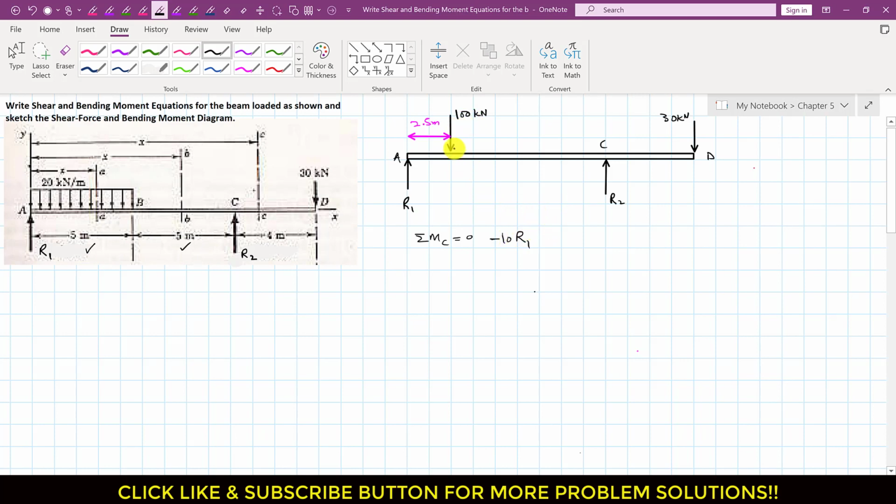Similarly, the 100 kilonewton force is producing a counterclockwise moment about point C, so I will write plus 100, and its perpendicular distance from point C is 10 minus 2.5, so we can say that this is 7.5 meters. Similarly, the 30 kilonewton force is producing a clockwise moment about point C, so I will write minus 30, and its perpendicular distance from point C is 4 meters, right? It is given here. So I will multiply this with 4, and this is equal to 0.